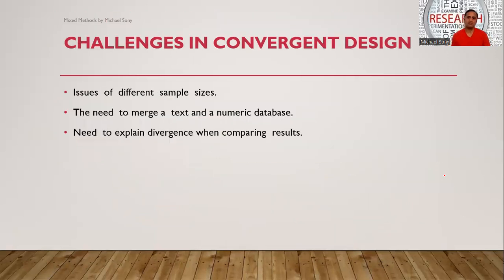The issue with convergent mixed method design is that you have different sample sizes. Take for instance, in the previous study, for the qualitative study, it was 21, and the quantitative study was around 520. So this large sample size disparity sometimes is an issue when you are merging the data.